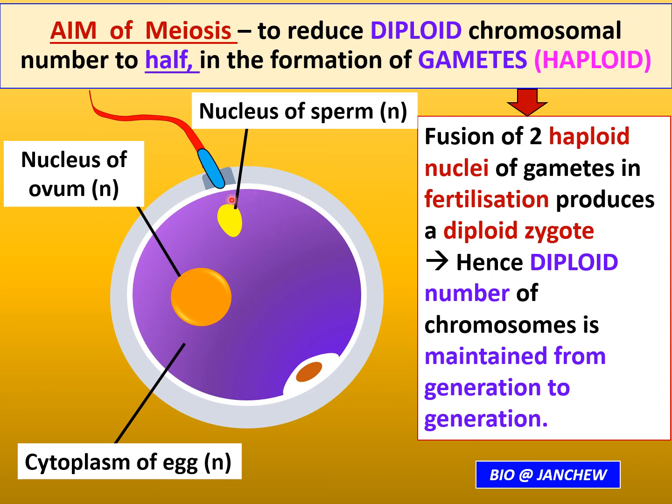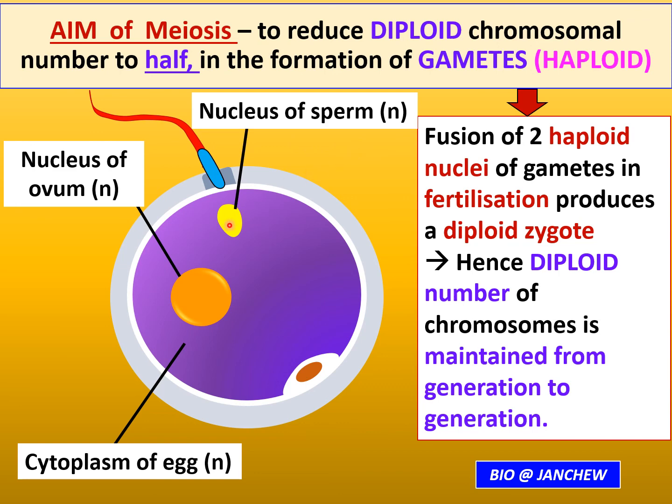Now, in this picture, we see an egg cell with the nucleus, which has the haploid number of chromosomes. And here we see a sperm that has already entered the egg cell. The nucleus of the sperm has entered the egg cell, and it also contains the haploid number of chromosomes.